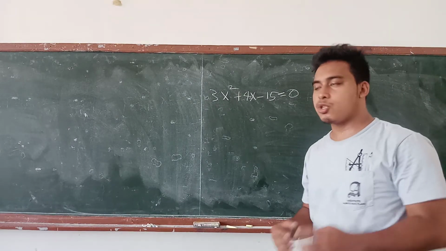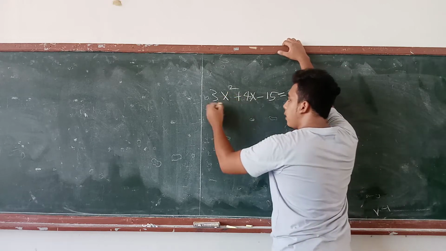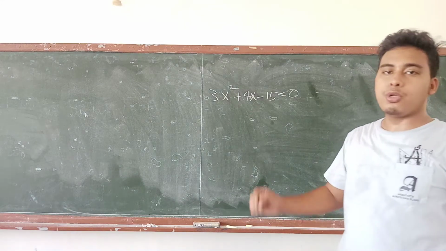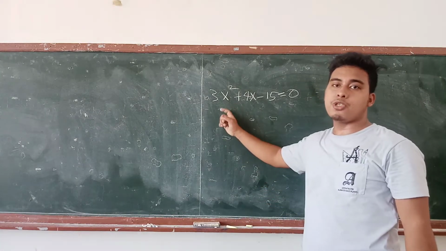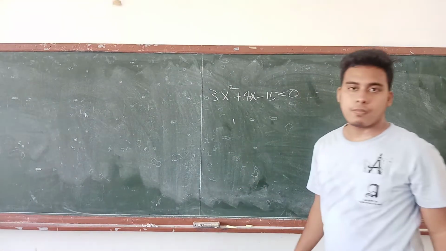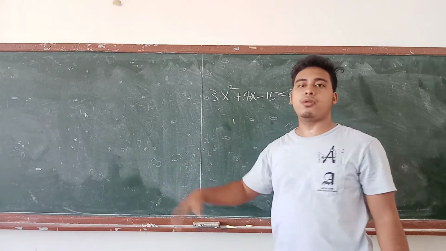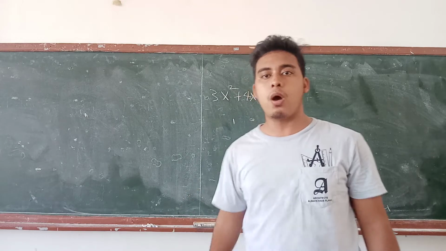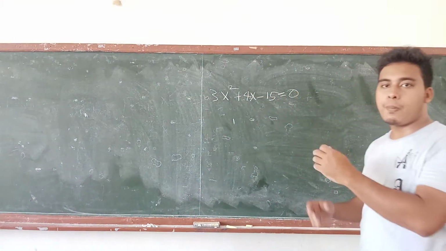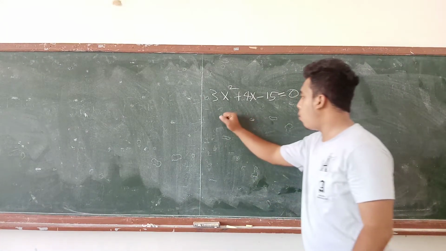So, in completing the square, bear in mind that the numerical coefficient of our quadratic term should be equal to 1. So, if the numerical coefficient of our quadratic term is greater than 1, then let's simplify that to make it equal to 1. How?